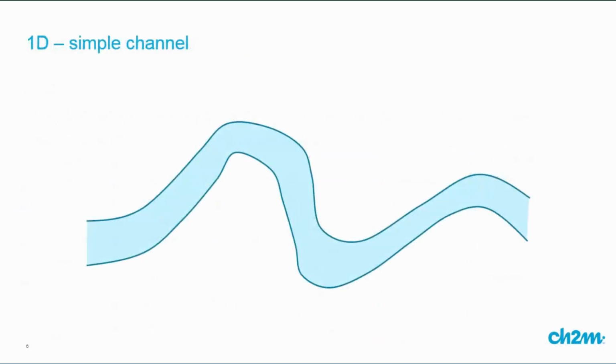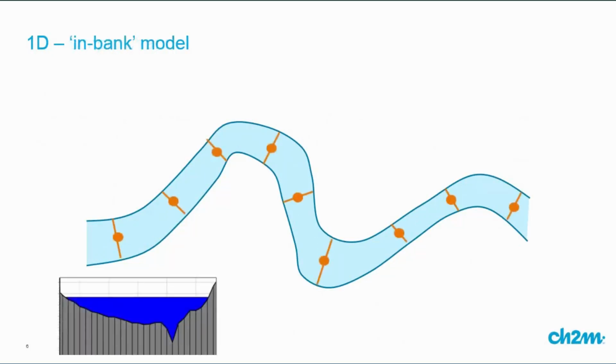Now let's try and show this 1D approach graphically. On the screen, we've got a meandering river going across the page here. Now 1D modelling is where, for the river part of it, we probably survey a cross-section of the in-bank channel, and that's shown by these brown lines on the screen, the planned position of a cross-section of the channel.